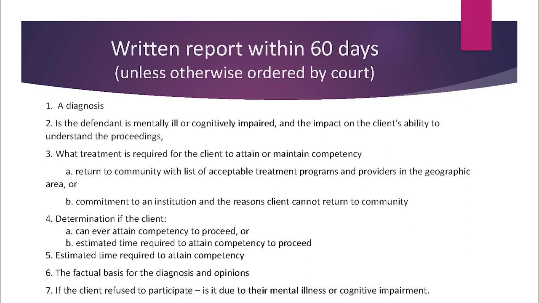If they go to an institution, it has to have reasons why that person can't go back to the community. Determination if the client can ever attain competency, and if so, the estimated time required to attain that competency, factual basis for the diagnosis and these opinions, and if the client refuses to participate, which does happen, is that refusal due to a mental illness or to that cognitive impairment?